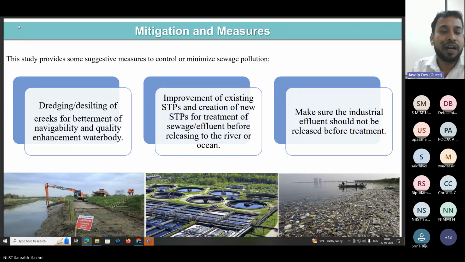There is an urgent need for degrading and desilting of creeks for betterment of navigability and enhancement of water quality of water bodies, improvement of existing sewage treatment plants, and creating new sewage treatment plants before releasing the effluent into the river or ocean. And we need to make sure the industrial effluent is not released before treatment.